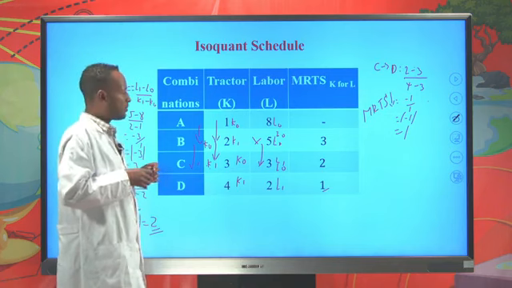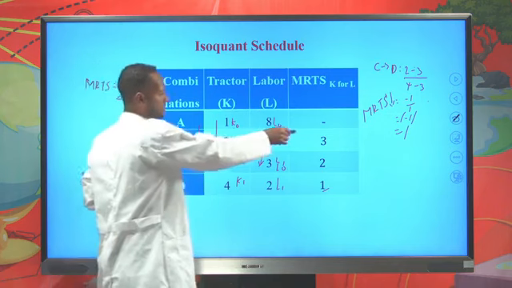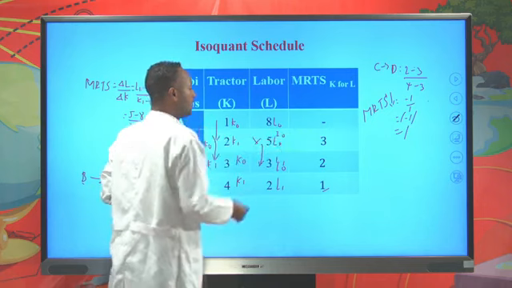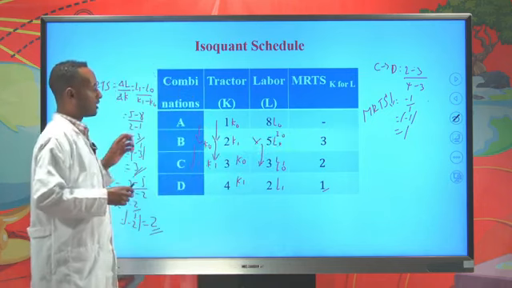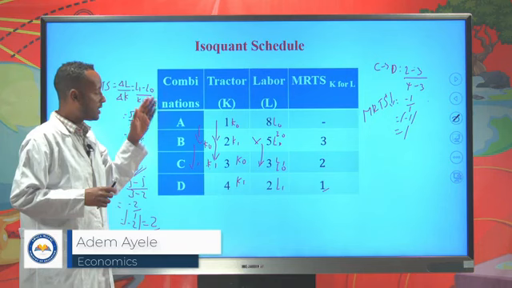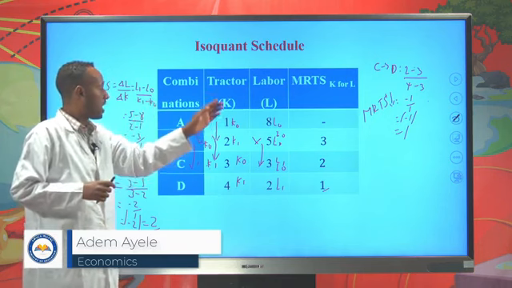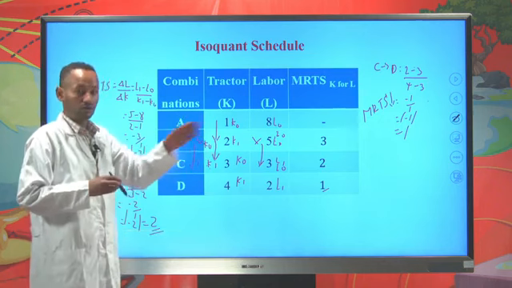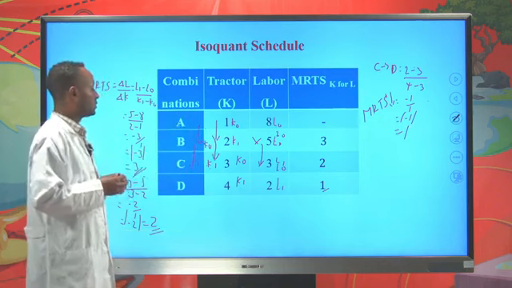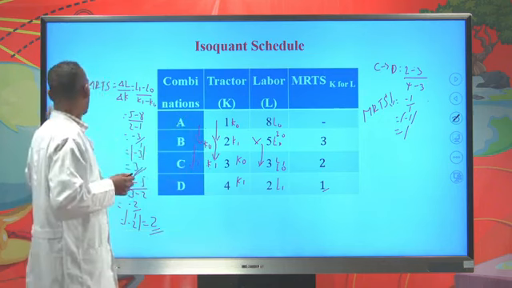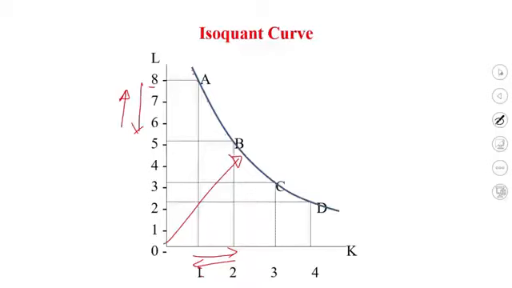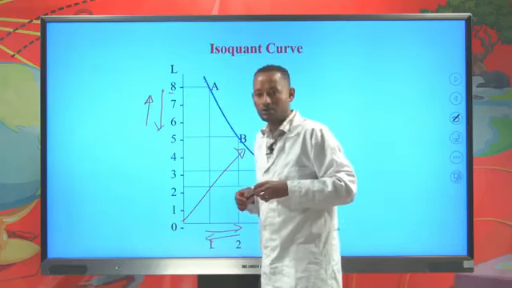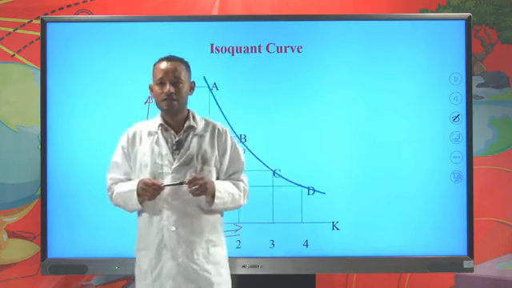So the rate by which one variable input is substituted for another on the same isoquant tends to decline. First, we substituted 1 tractor for 3 labor, then 1 tractor for 2 labor, and finally 1 tractor for 1 labor. This is all about the day's revision lesson.